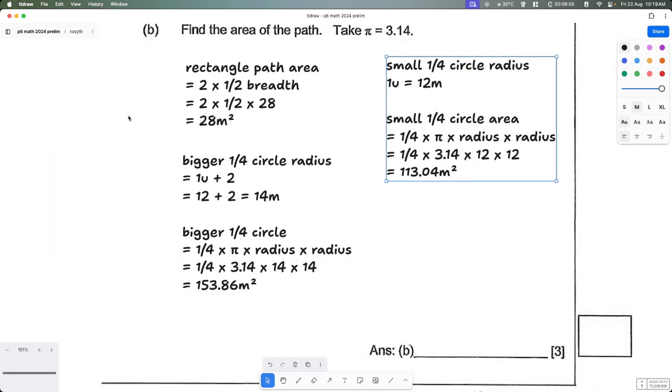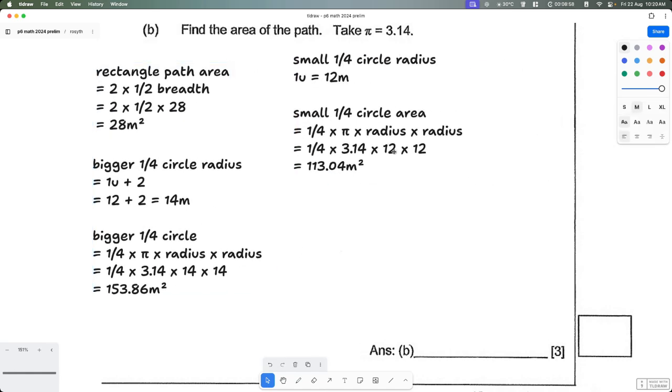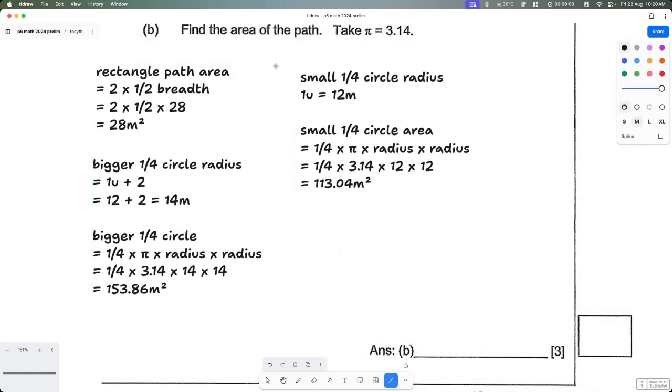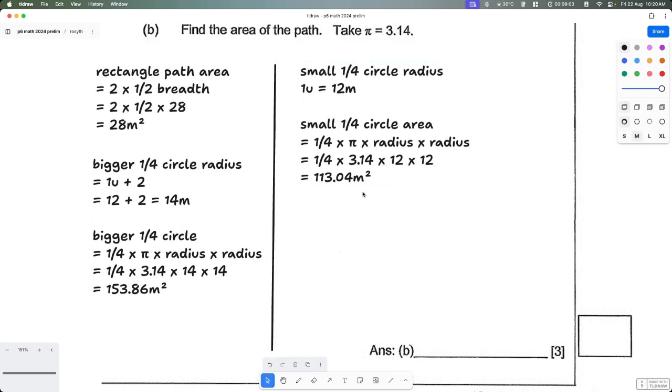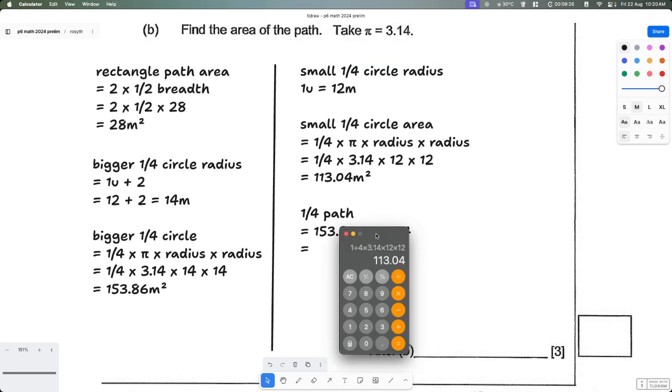So now we know the small circle area, right? So next thing is we can get the path, the quarter path. The 1/4 path is equal to the big one, 153.86, this whole thing, minus 113.04, and this is equal to, where is my calculator?